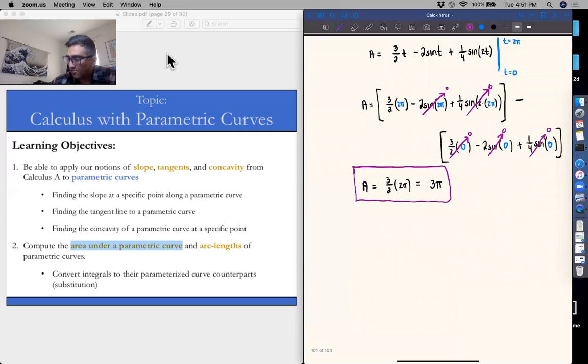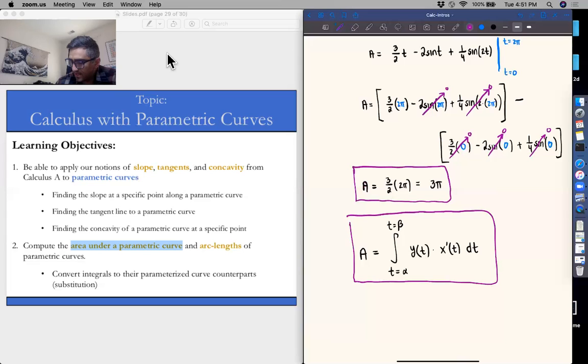So our area integral in parametrized curves is between some lower t value that we generally called alpha, to some upper t value that we call beta, of whatever our parametric coordinate y function is, times the derivative of our x function with respect to t, dt. So this was our area under a parametric curve that we found.